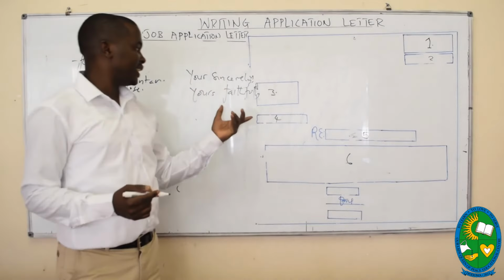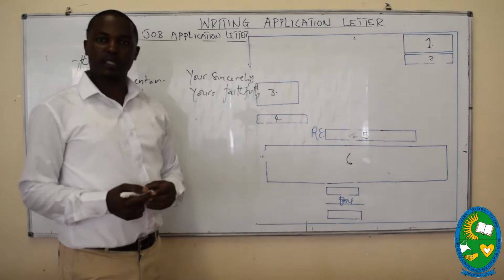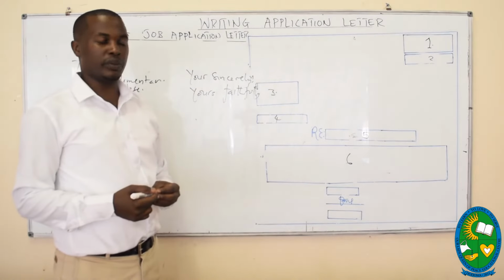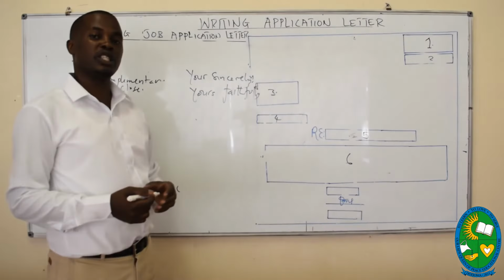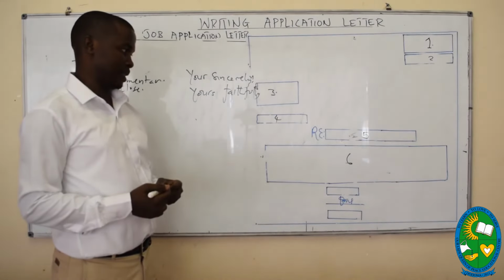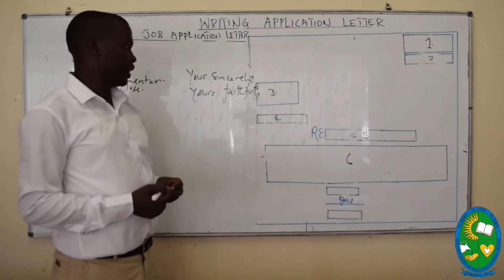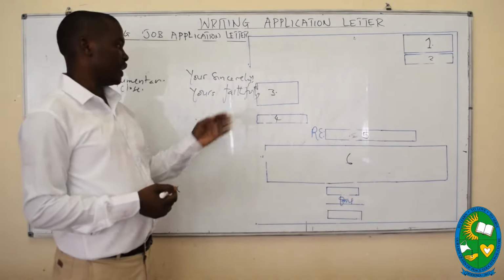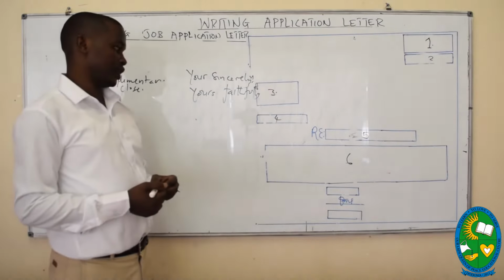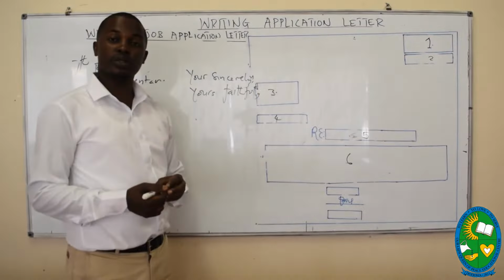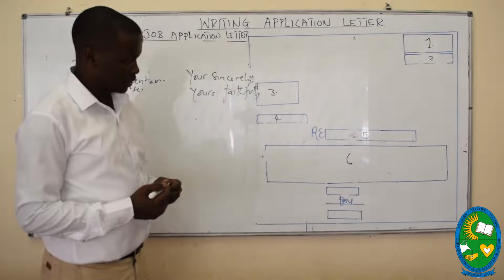We use yours sincerely when we are writing to a person that we are familiar with, or we know the person that we are writing to, especially if we mention his or her name at the salutation part. If we don't know the person that we are writing to, then use yours faithfully. Then after, write your signature.